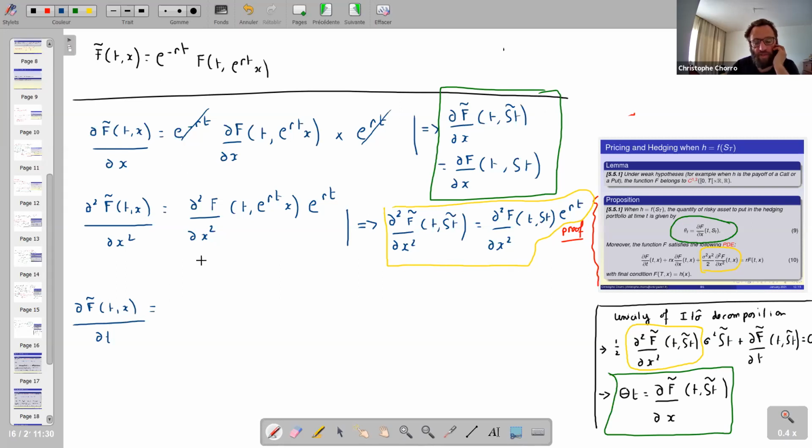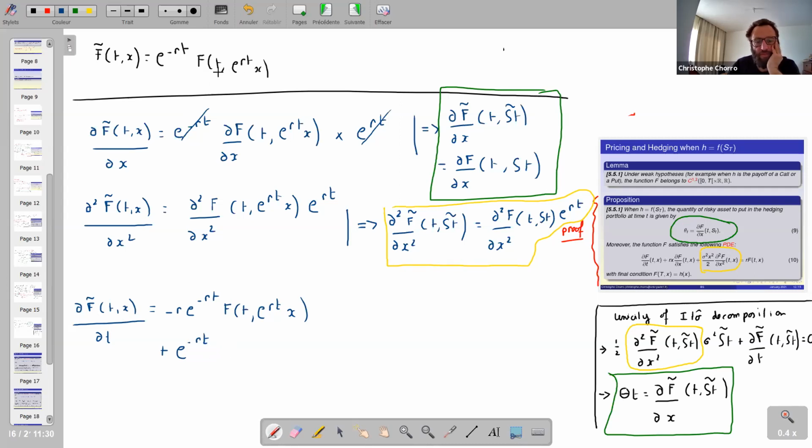So it's u prime v, where u prime is minus r exponential minus rt, plus u v prime. So the derivative of this one with respect to t.